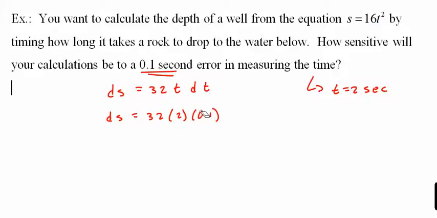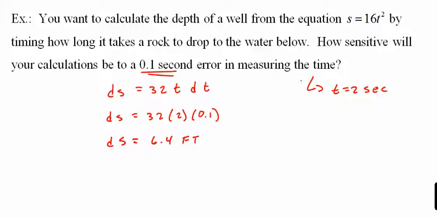So if it was a relatively short distance, your mistake would only be 6.4, and this is feet. So, hey, I'm off by 1/10 of a second. Well, don't worry, you've got it accurate to within plus or minus 6.4 feet.